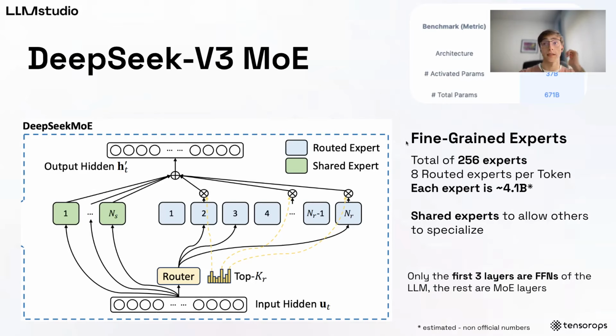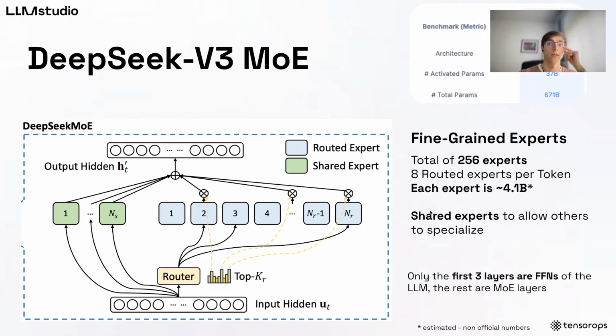So they say that they are using a top K of 8, meaning that 8 experts are chosen per token, 8 experts are routed to by the router per token, okay? We made some calculations. This is just an estimation, not an official number, but each expert could be around 4.1 billion parameters. And they actually have something very interesting here, which is the shared experts, okay?